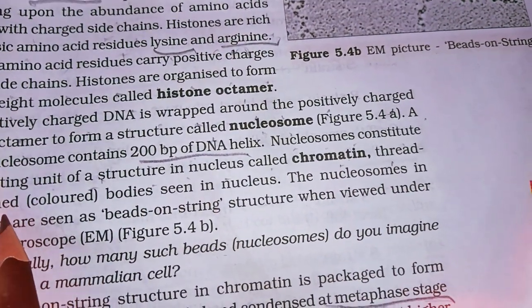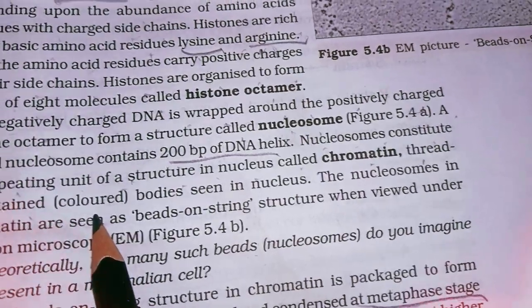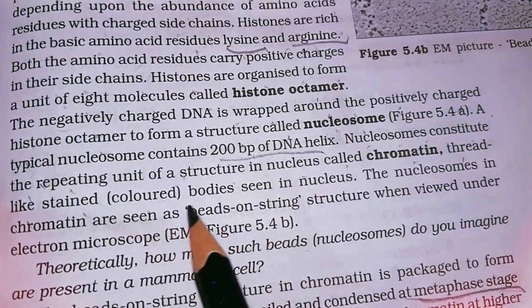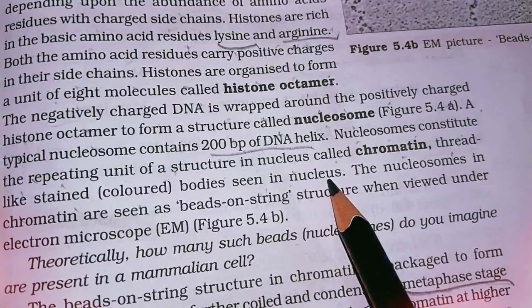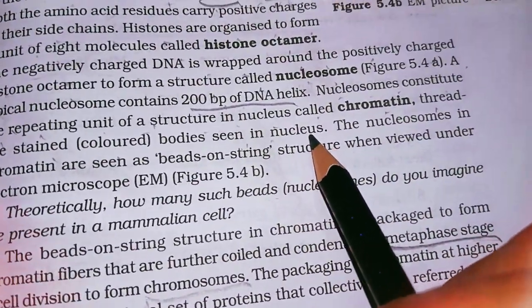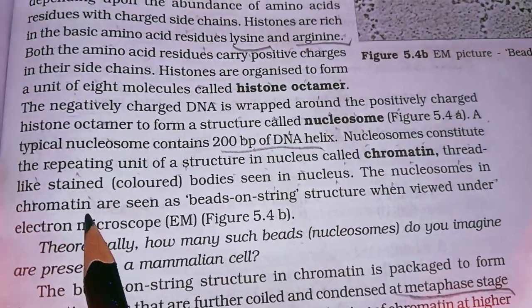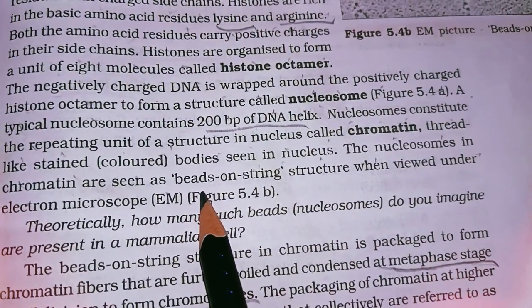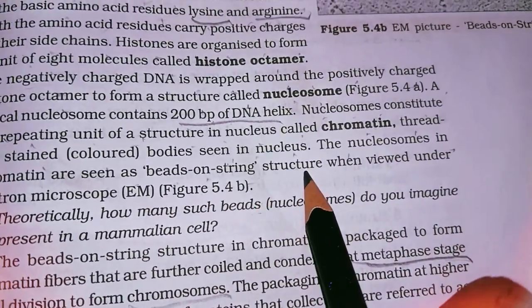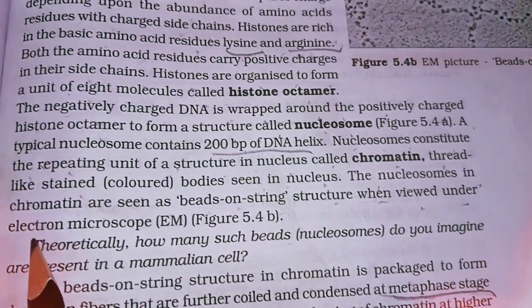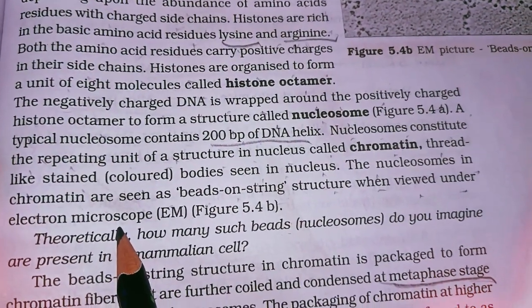Thread-like stained, that means colored, bodies seen in the nucleus. The nucleosomes in chromatin are seen as beads on a string structure when viewed under electron microscope.